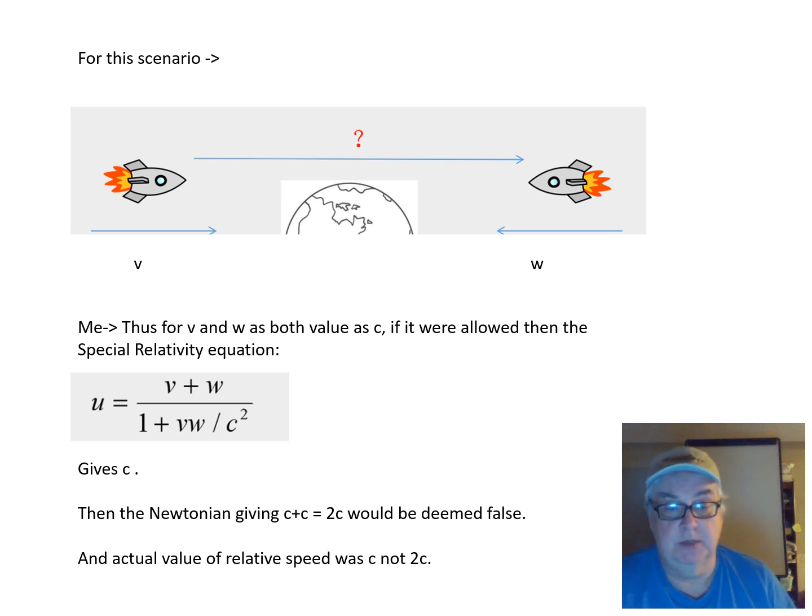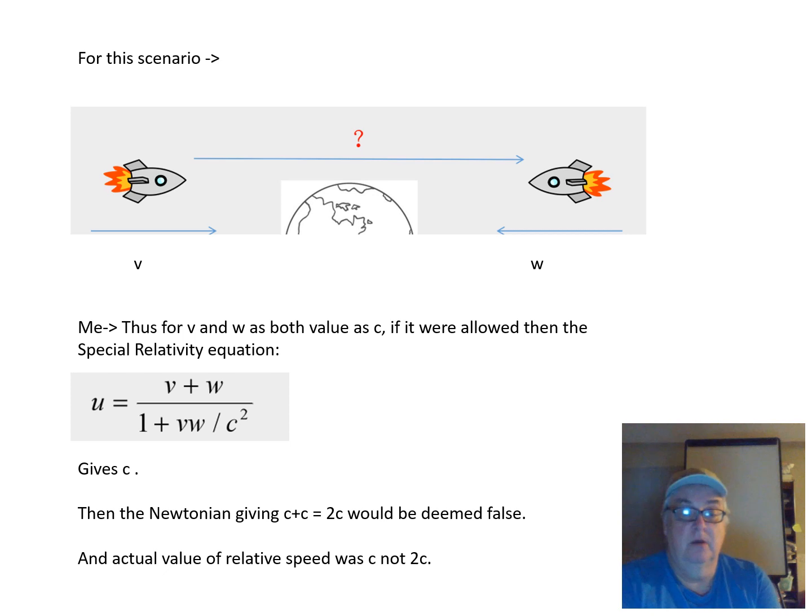For this situation, thus for v and w both valued at c, if it were allowed, then the special relativity equation gives the answer of c, whereas the Newtonian value for relative speed would be 2c, but that would be deemed false, and the actual value of relative speed was c, not 2c.